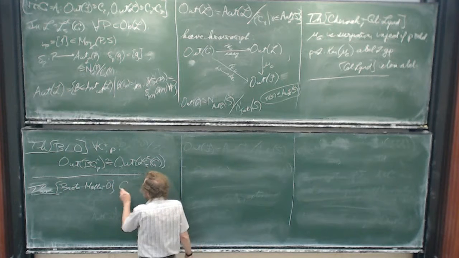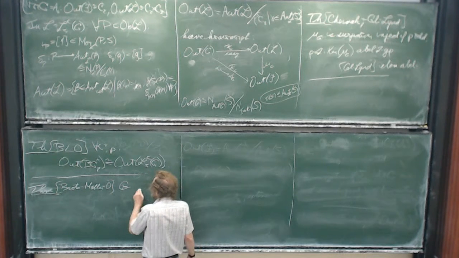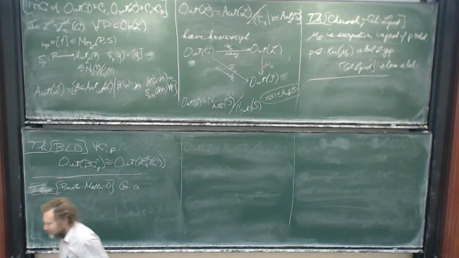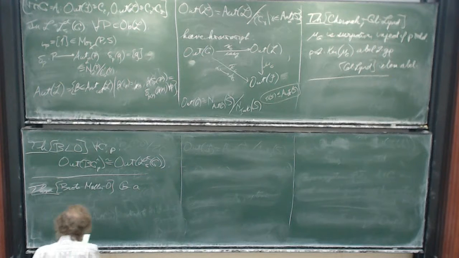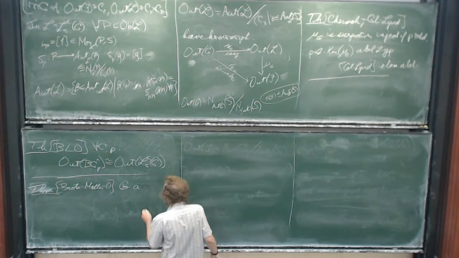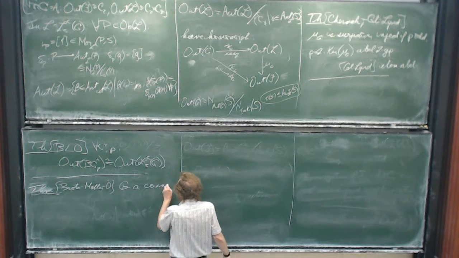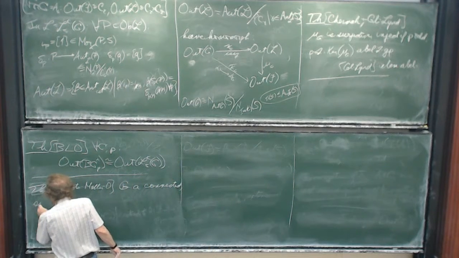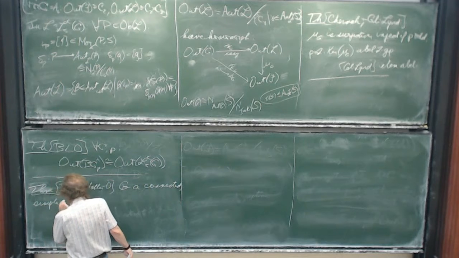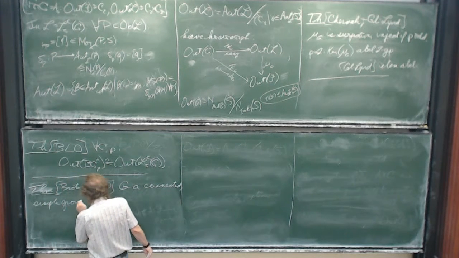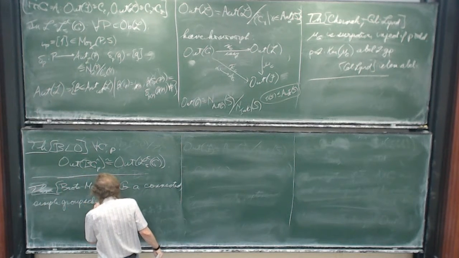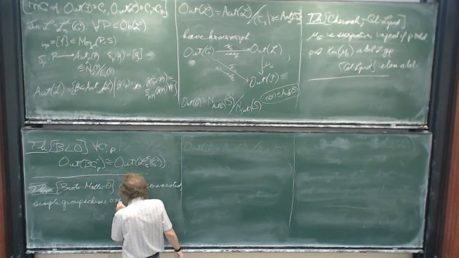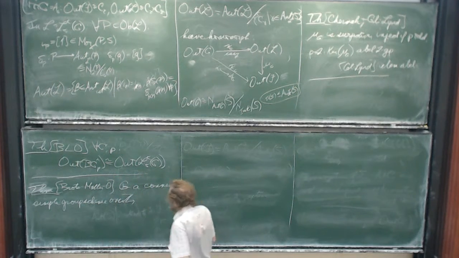and let me make sure I get all of the conditions connected. G a simple group scheme over the integers.